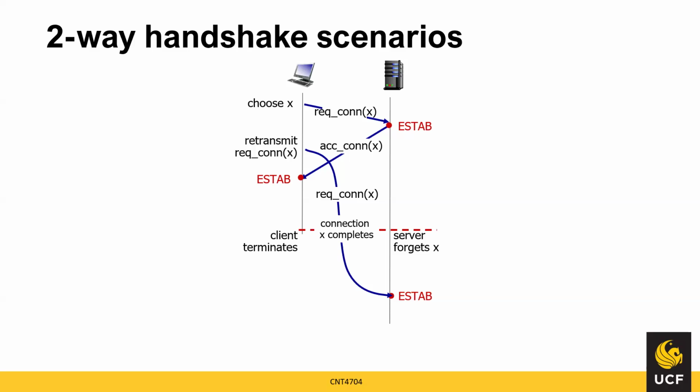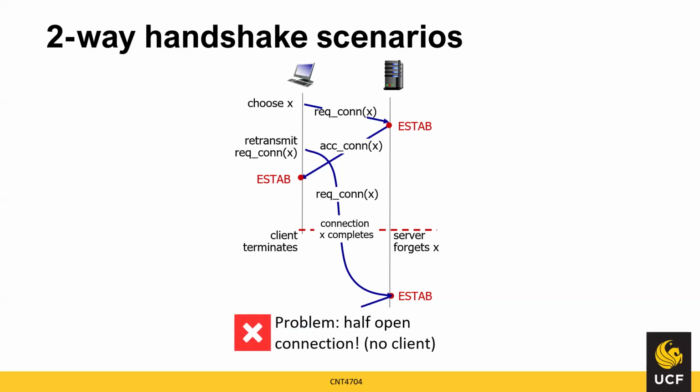So it would respond with an acknowledgement and move to a new established state. The problem that we have here is that the client is already gone. So now the server thinks that there's an open connection, but the client isn't actually there. This is what we call a half-open connection. There is no client, and this is a problem we have to deal with.